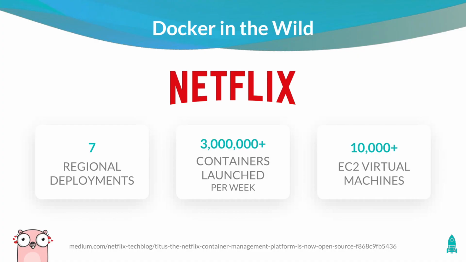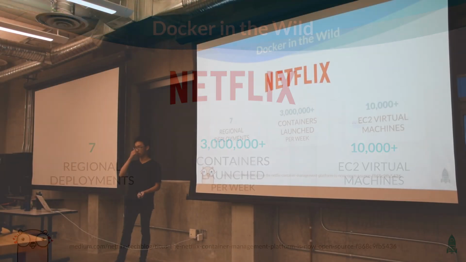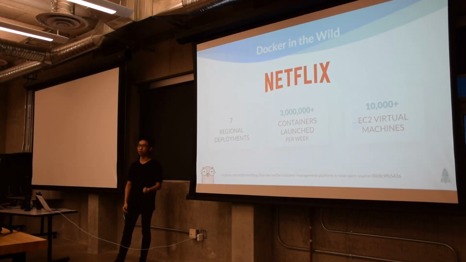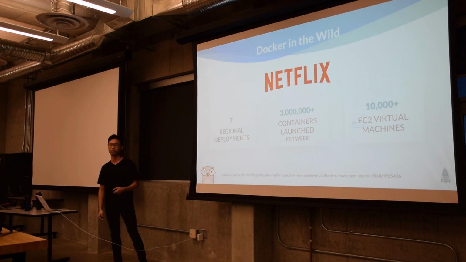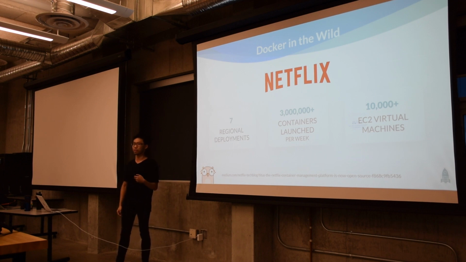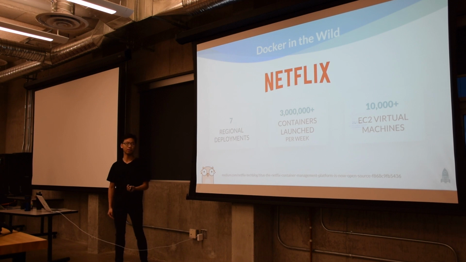They've got regional deployments, completely isolated from one another, 7 of them. And they launch over 3 million containers every single week. So it's basically part of the normal process of shutting down services as certain regions go to sleep, and then spinning them up in the morning. This way they can scale their service to match exactly the demand and save money.